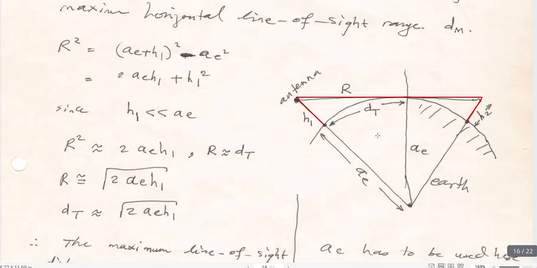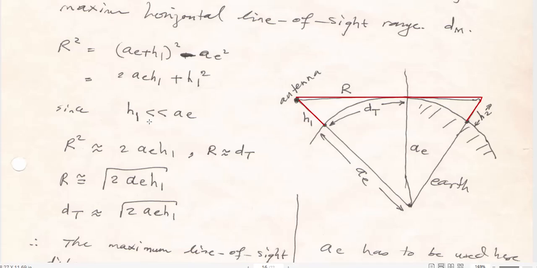Now r squared, from the Pythagorean theorem, is equal to this squared minus this squared. This squared is (h1 plus ae) squared minus ae squared. ae squared minus ae squared is 0, and we will have 2ae h1 plus h1 squared.